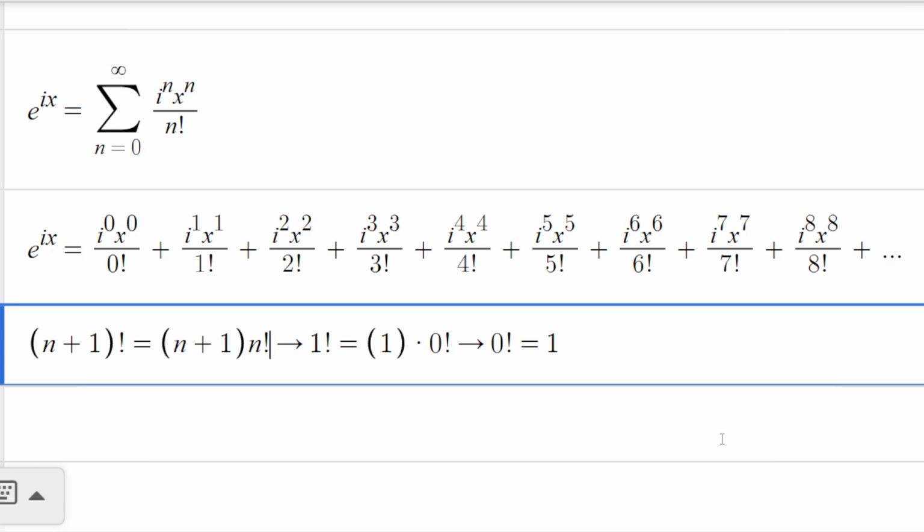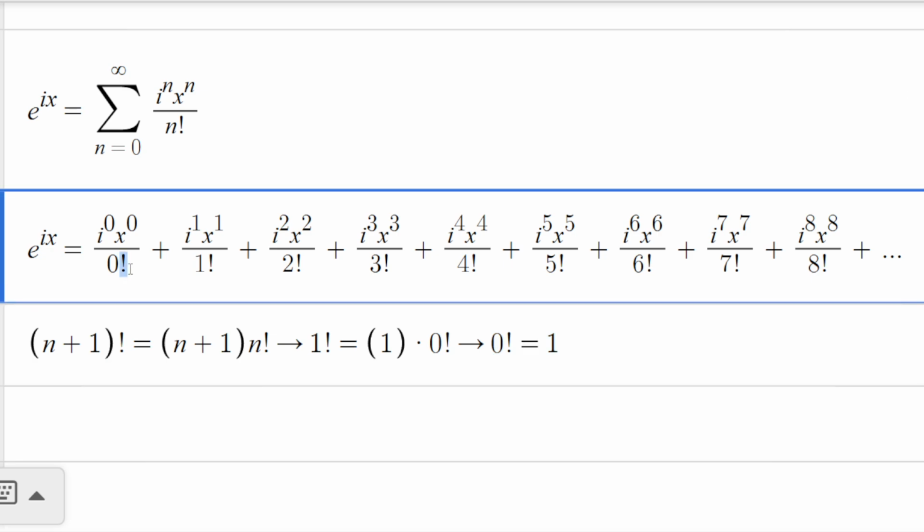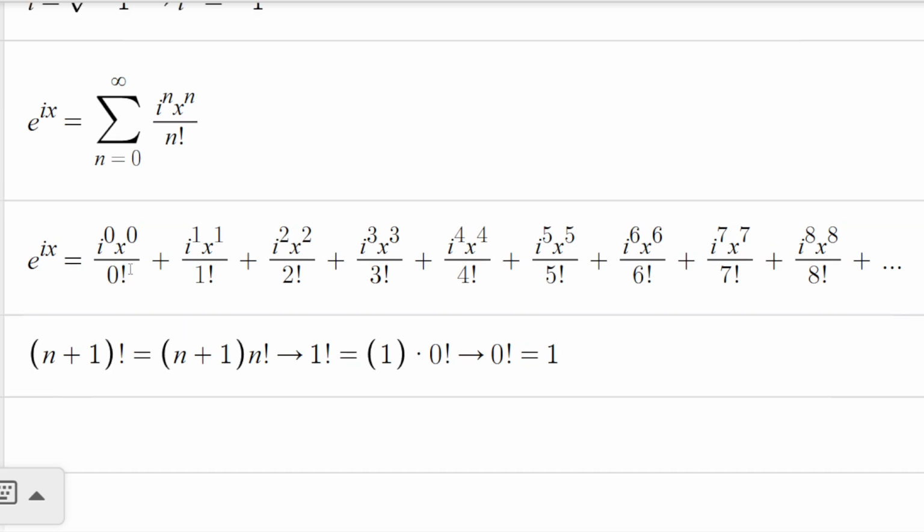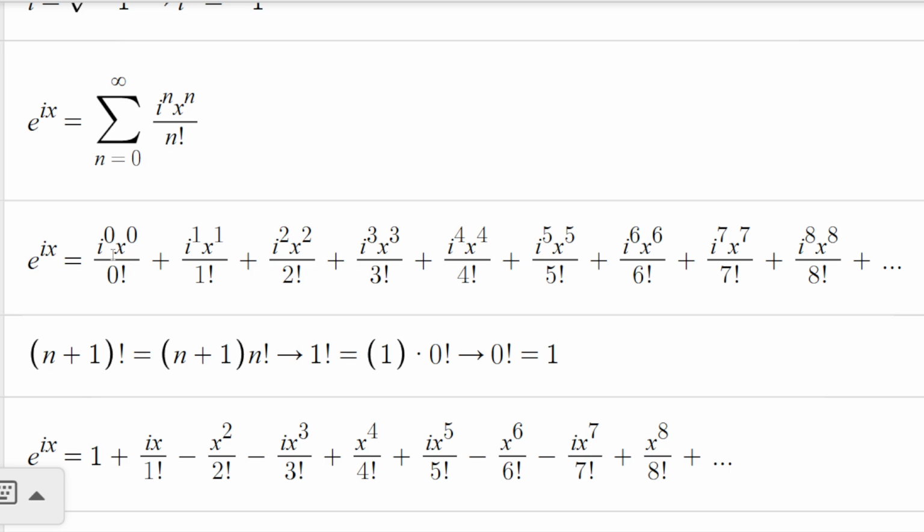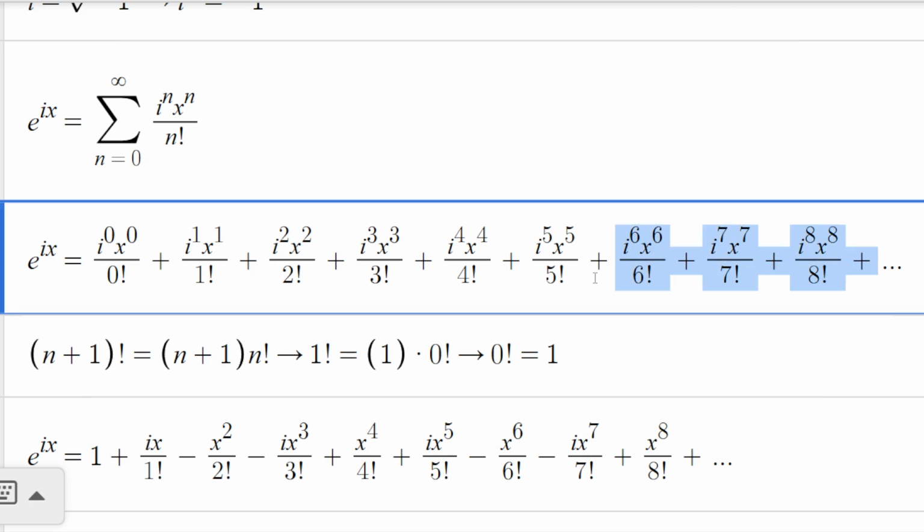Now if we replace n with a 0, what we get is that 1 factorial is equal to 1 times 0 factorial. Isolating the 0 factorial gives 0 factorial is equal to 1. And we needed that just in case it wasn't clear why we can say that 0 factorial is equal to 1. That's why.